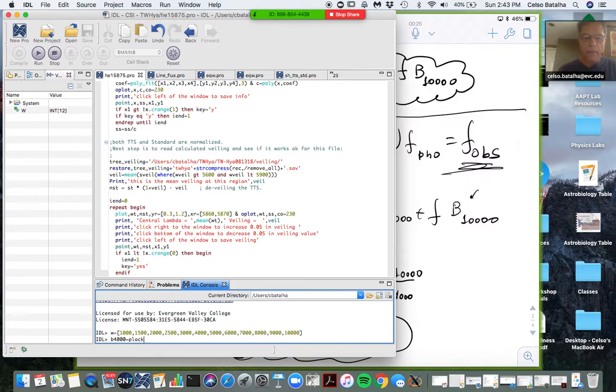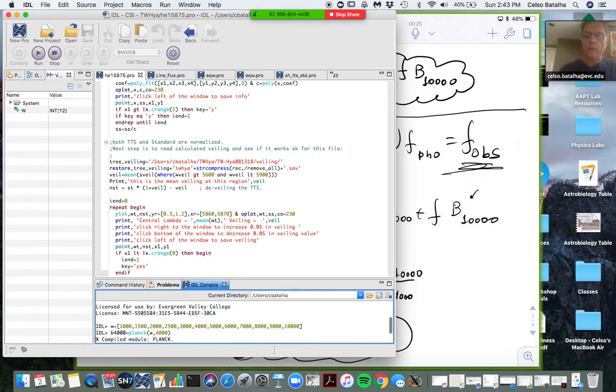There is an embedded Planck function in IDL. You enter the W array and the effective temperature. The array has to be in angstrom.